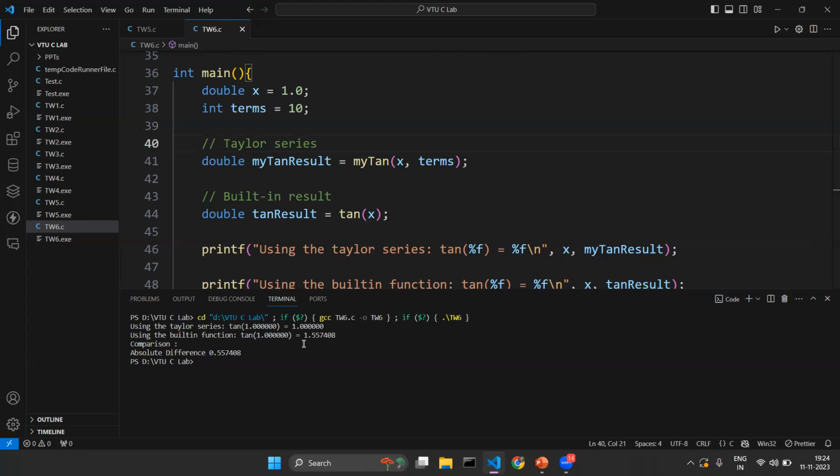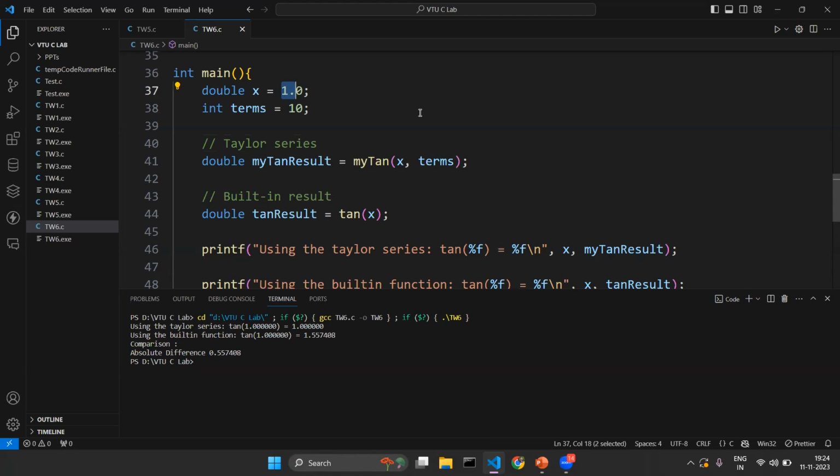You can increase the terms and you will get a more accurate, more precise result. You just need to increase these terms and try with different values of x in order to better understand this program. And also, if possible, calculate it manually and compare it with the program's output.